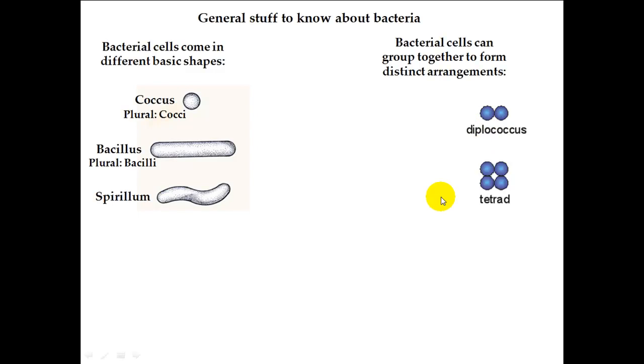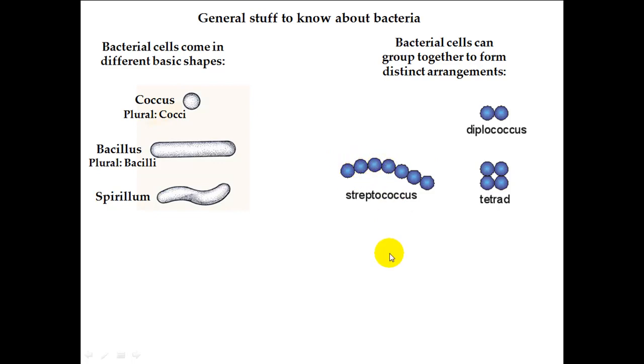If you have bacteria that tend to form an arrangement with three other bacteria, so four in total, then that's called a tetrad arrangement. Another common arrangement is to have bacterial cells strung together in a single chain, and whenever that's the case, that arrangement is referred to as a strepto arrangement. Strepto refers to chain, and again coccus refers to the shape of each one of the individual bacterial cells.